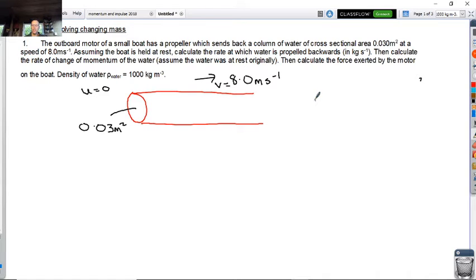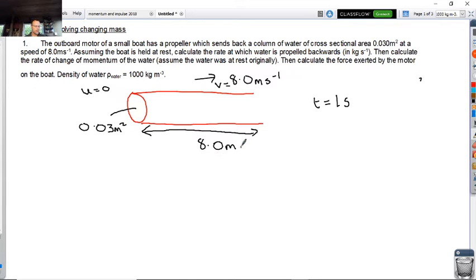Well, in this one, like the ones I showed in the video before, you let time equal 1 second. Therefore, if you let time equal 1 second, the length of the column being ejected out of the back of this propeller is simply going to be 8.0 meters.